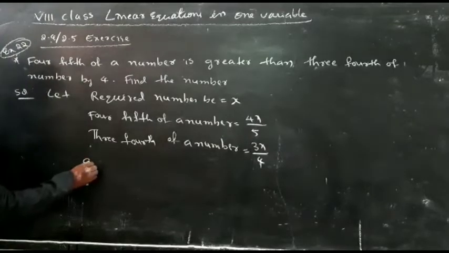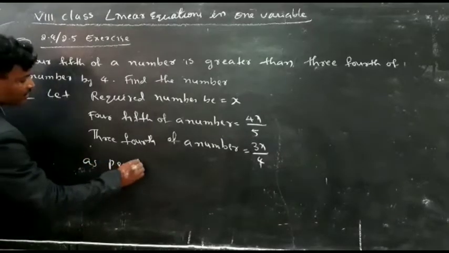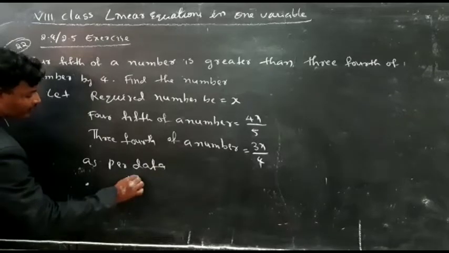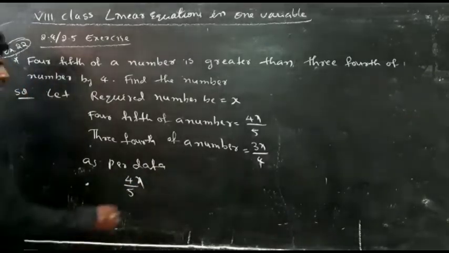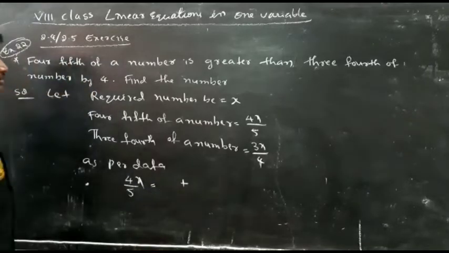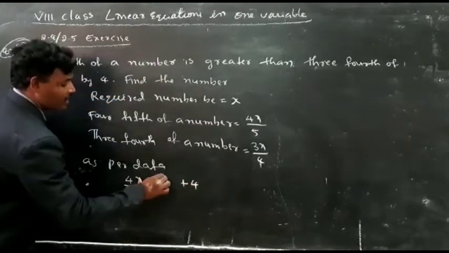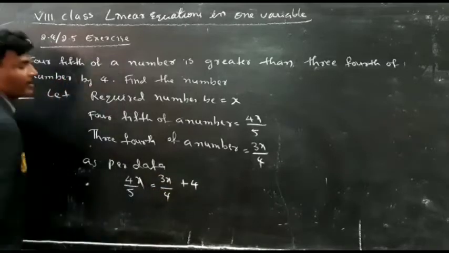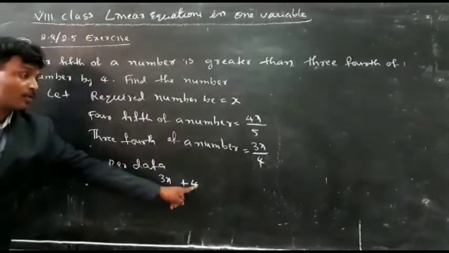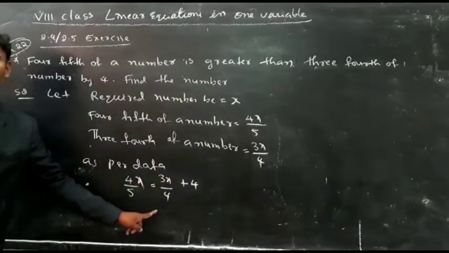As per the data, 4/5 of a number is 4 more than 3/4 of a number.